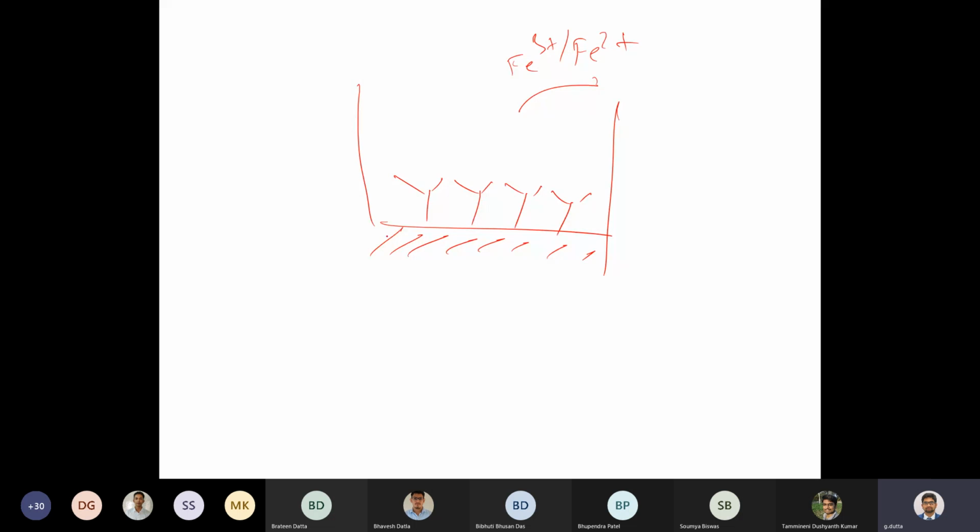Suppose when you are adding any electrolyte in the solution, I mean when you are adding it on the electrode surface, they are forming somewhat of a double layer. Do you know what this double layer means? Like some cation you are adding, right? If your electrode is somehow negatively charged, what will happen?